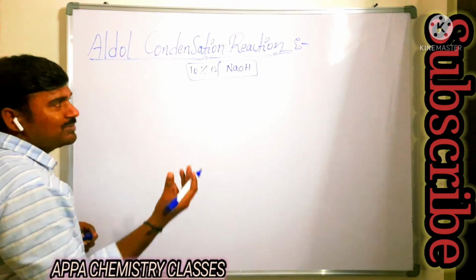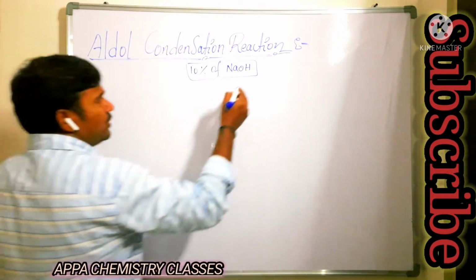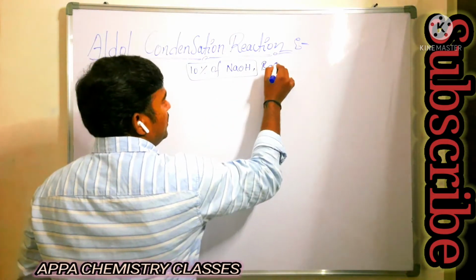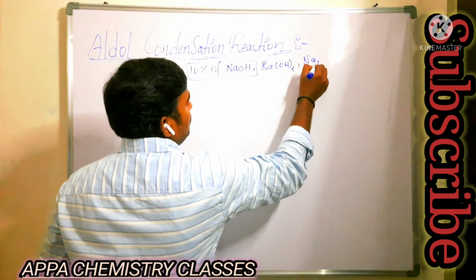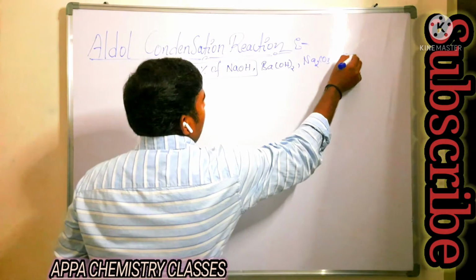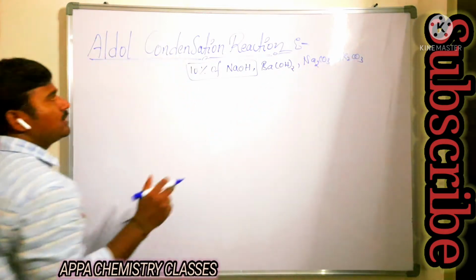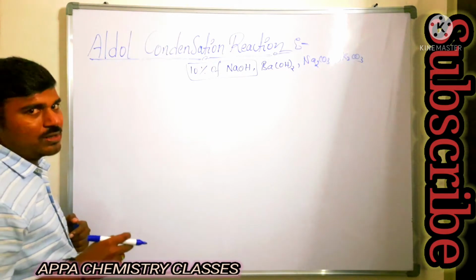It is a strong base, but we are using it as a dilute one. We can also use barium hydroxide, sodium carbonate or potassium carbonate. Metal carbonates also act as bases in aldol condensation.